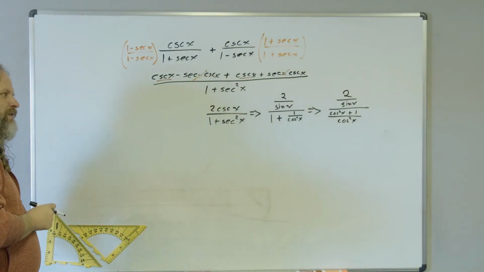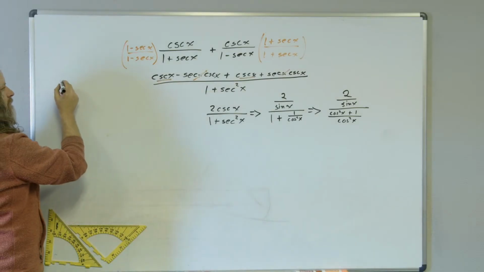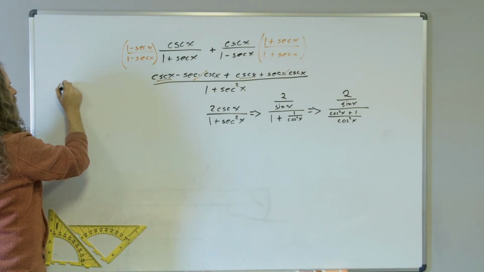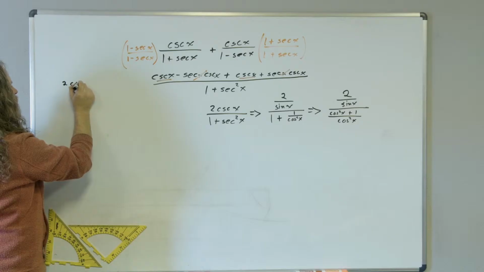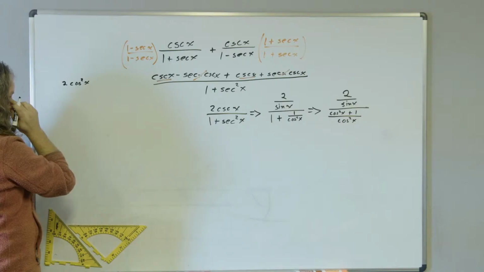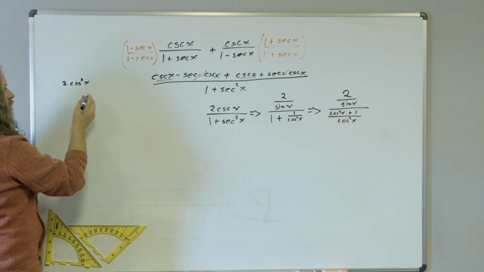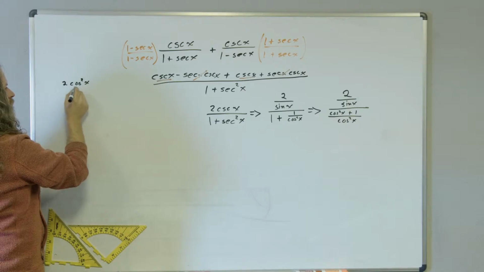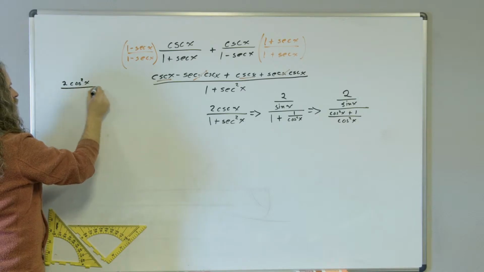And now we do reciprocaling. Now we get 2 cosine squared x. Wait, never mind. And we get cosine squared x plus cosine squared x sine x plus sine x.